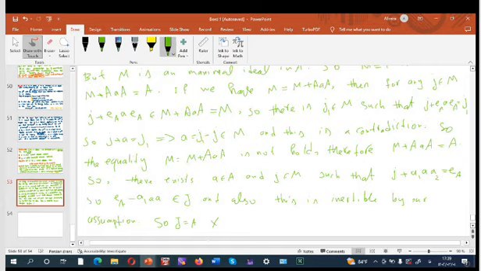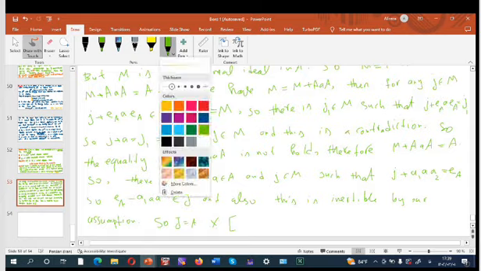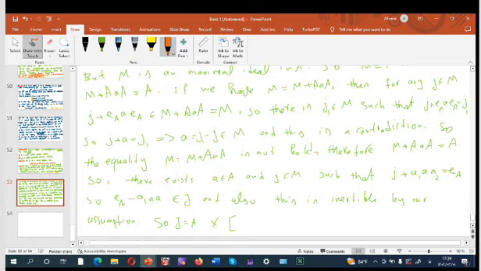Please note that this J must be M instead of this, because we consider the maximal ideal M.